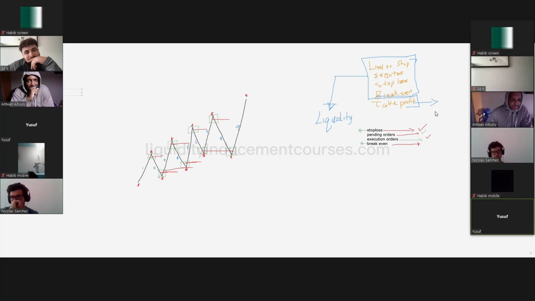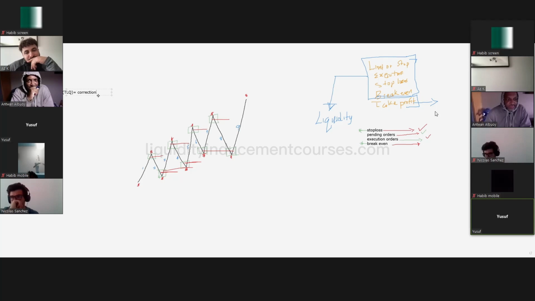And this is the liquidity for correction. That's the first type of liquidity.